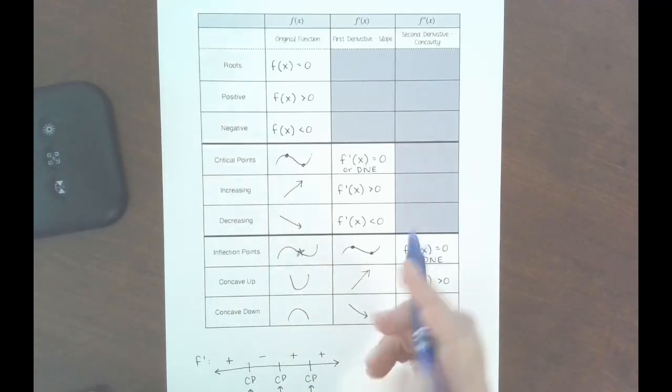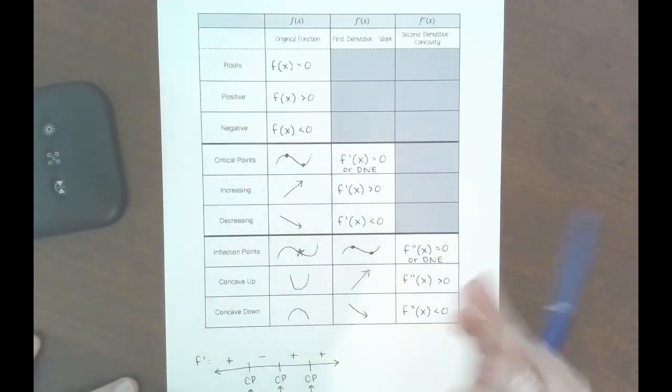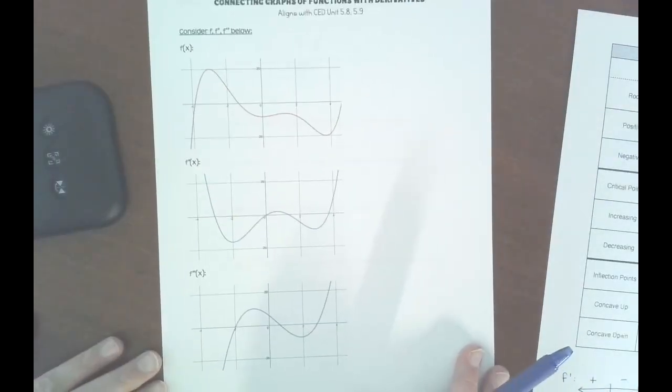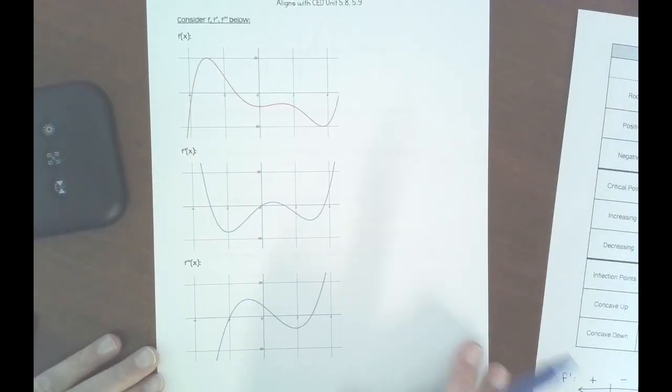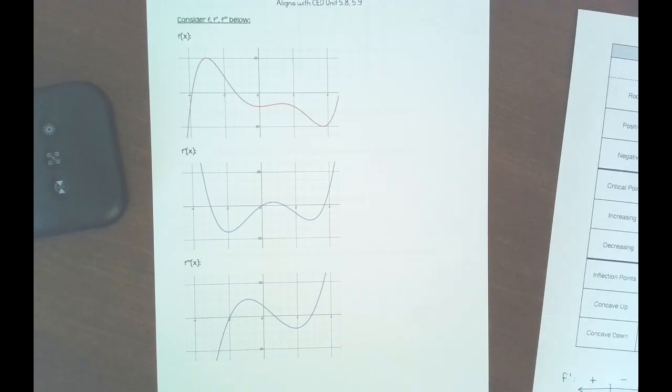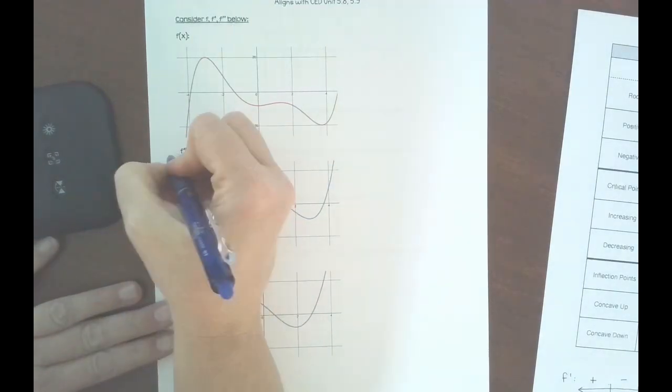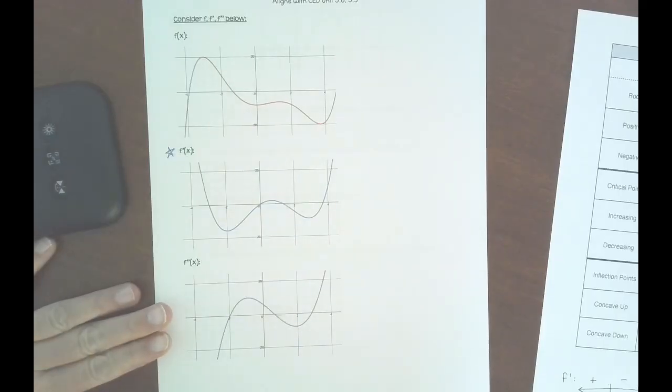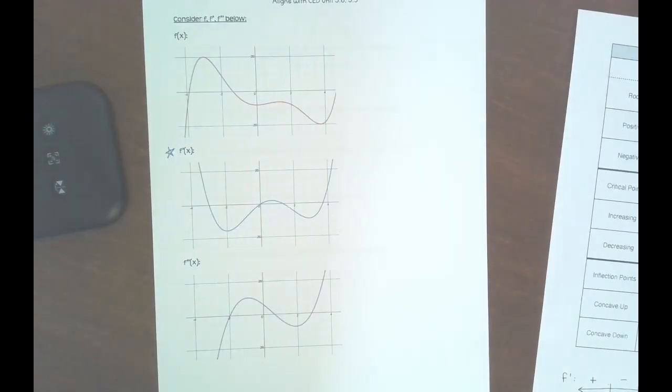It's just pulling together, for example, critical points are when the first derivative is zero. And we want to talk about how these things show up on a graph. I mentioned when we filled out the table that a lot of the times, this is where they're starting you. They're starting you with f prime and then asking you questions about the concavity and the increasing, decreasing, and things like that.